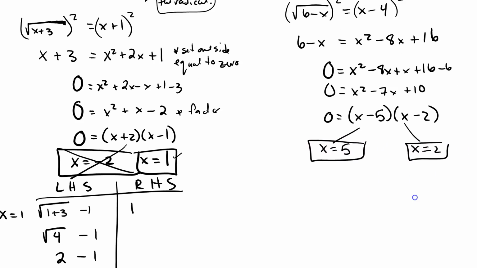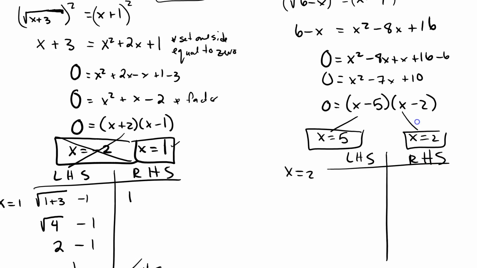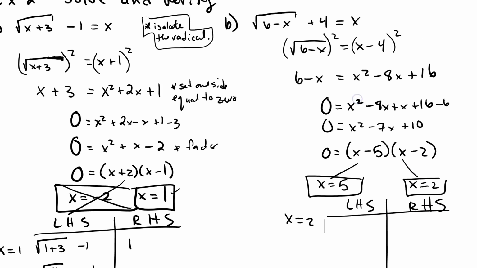Verification time. So let's try out our x equals 2. Left-hand side, right-hand side. When I go back to my original question, which is all the way up here, I have the square root of 6 minus x, but x here is 2, so 2 plus 4.